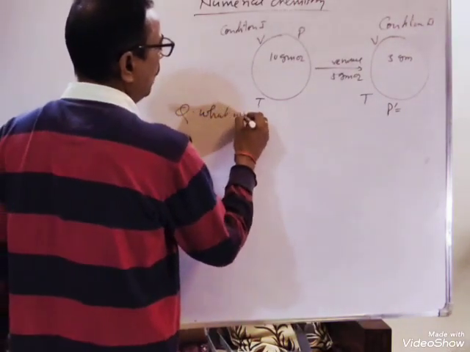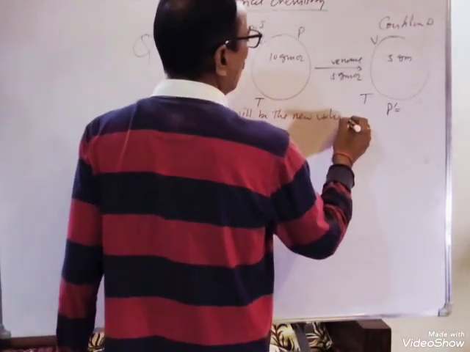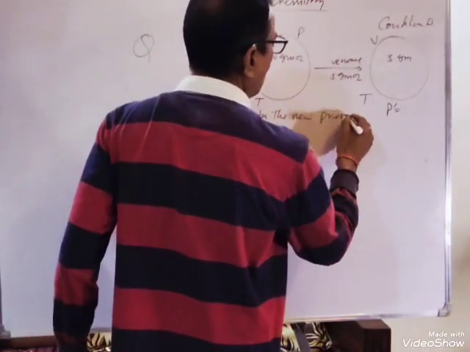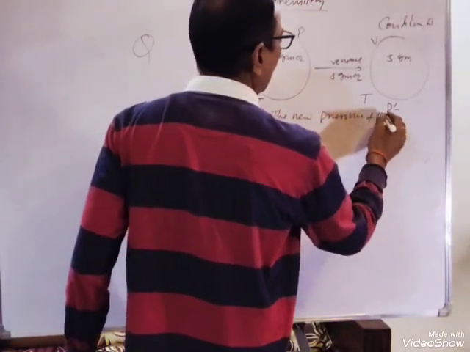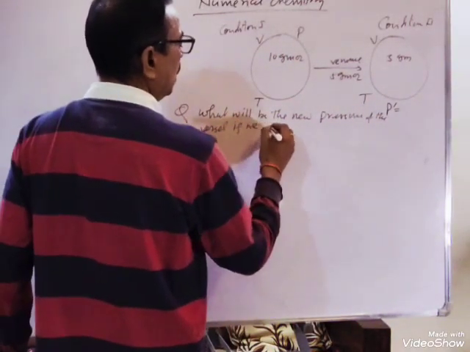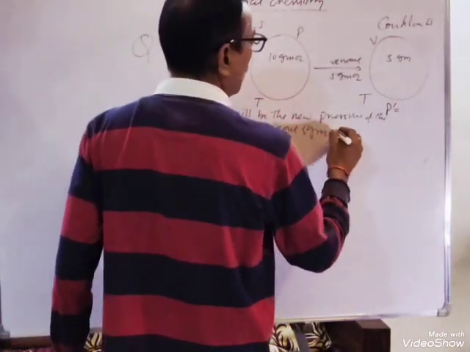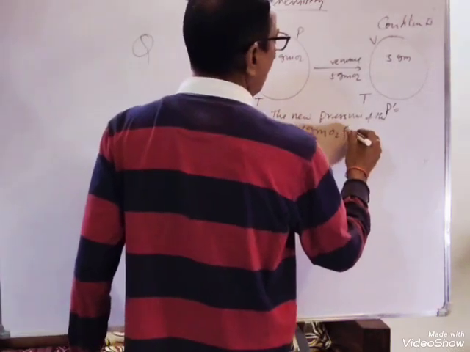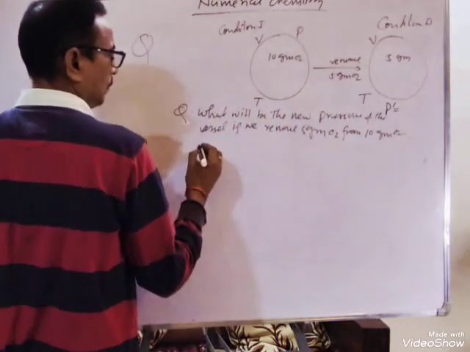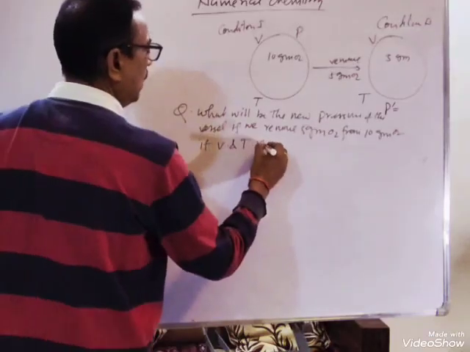What will be the new pressure of the vessel if we remove 5 gram oxygen from 10 gram oxygen, if volume and temperature remain constant?